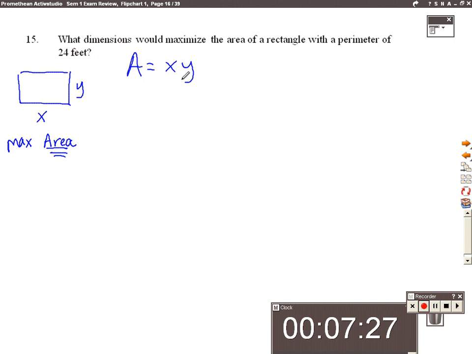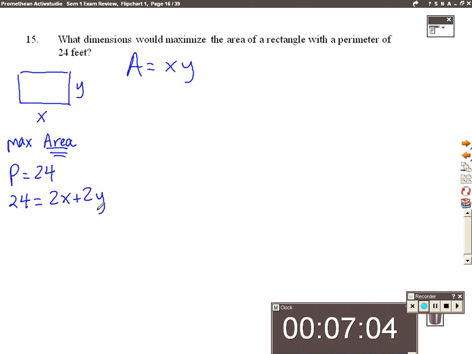I have a perimeter of 24 feet. So if the perimeter is 24 feet, then the perimeter of this rectangle would be 2 x's added to 2 y's, and that's my helper equation. And the reason they give me the helper equation is so I can solve the equation either for x or y and then substitute into the original.